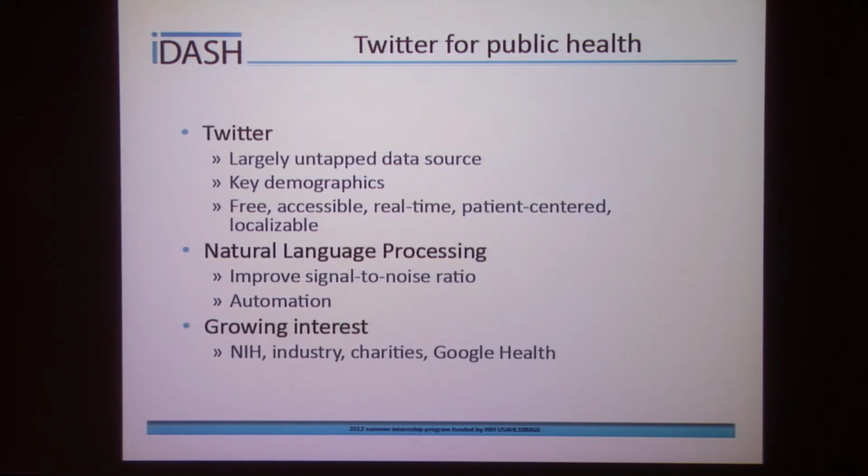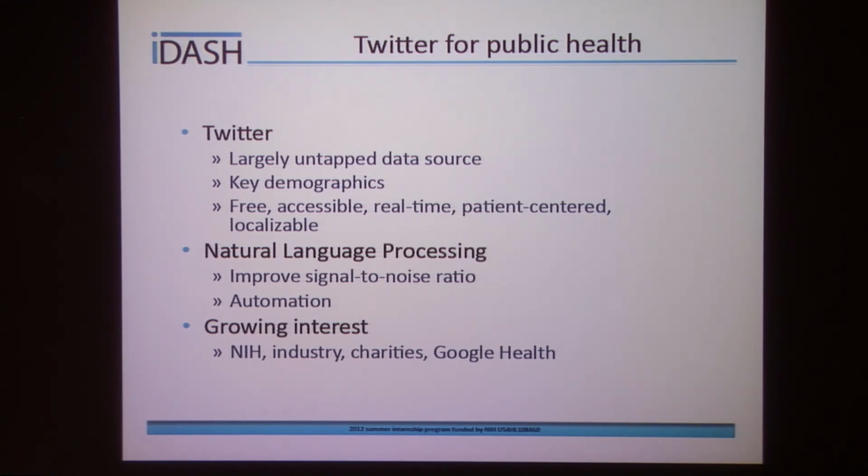And just to sum up all of our presentations, Twitter is a largely untapped data source so far. It serves some key demographics of underserved and hard to reach populations. It's free, it's accessible, real time, and so on.